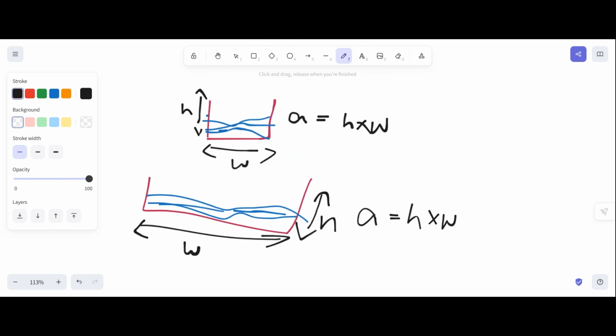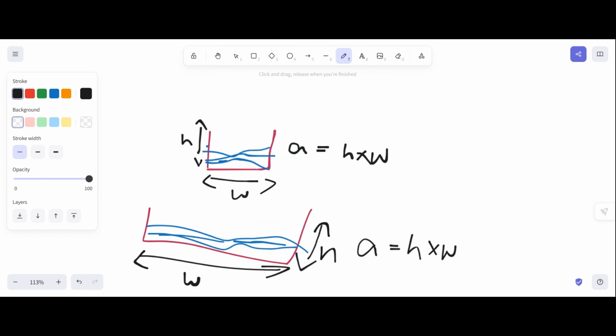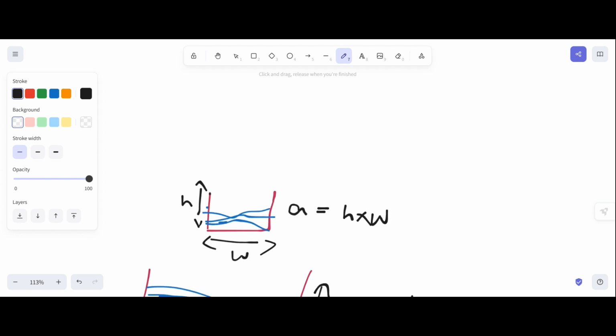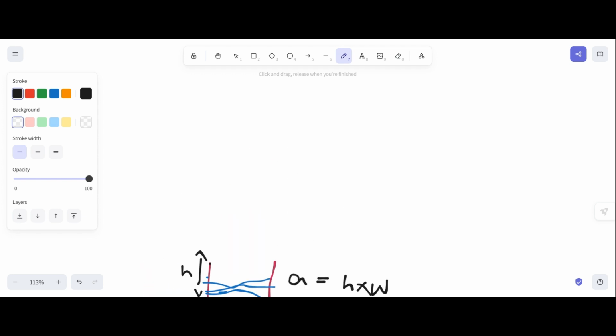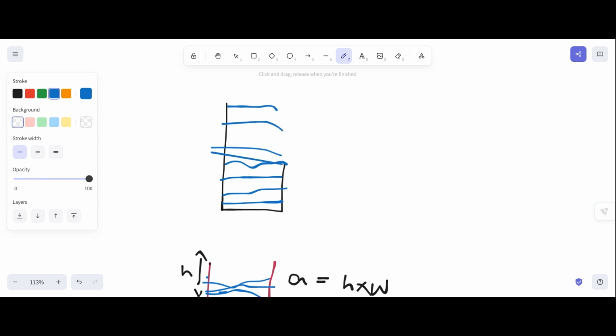Because for here, let's take a container like this. Let's say this is the height of the container. This is one height and this is another height. Now you can see that the water can actually fill only till the minimum height line. If it goes beyond, let's say it goes till here, it's going to overflow, right?